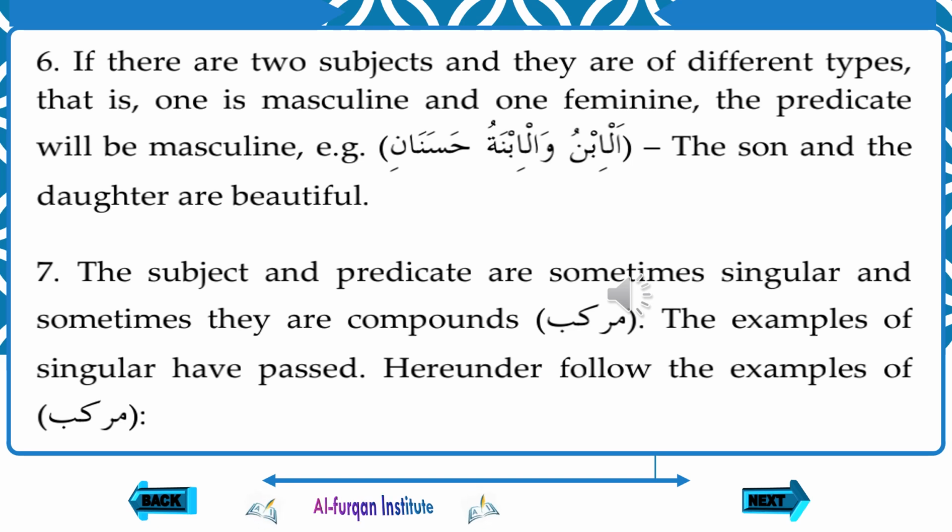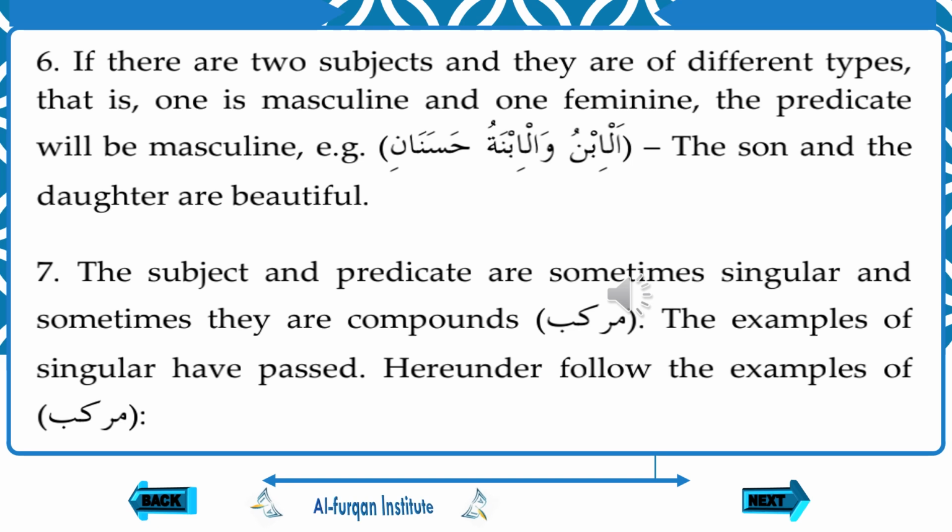The key point here is that there are two nouns joined by wa, and one is masculine, so the predicate must be masculine too. Like the example of ar-rajulu wal-mar'atu akilani, the man and the woman are wise.